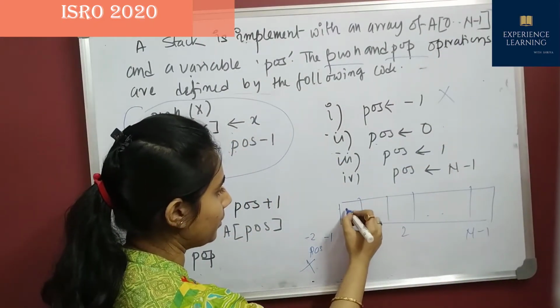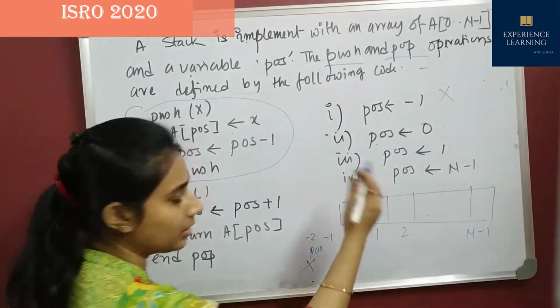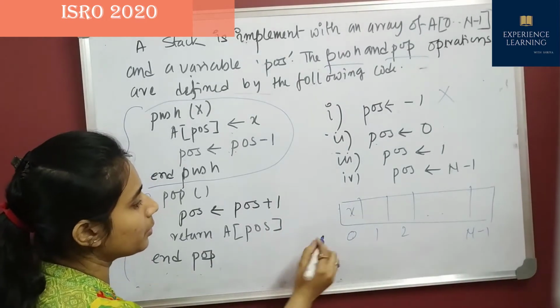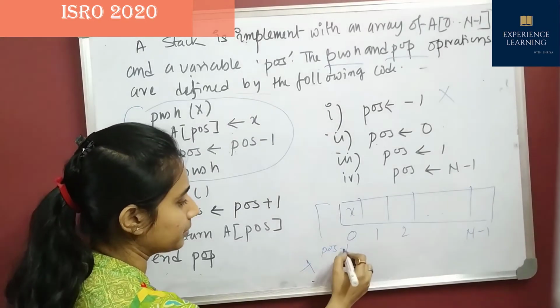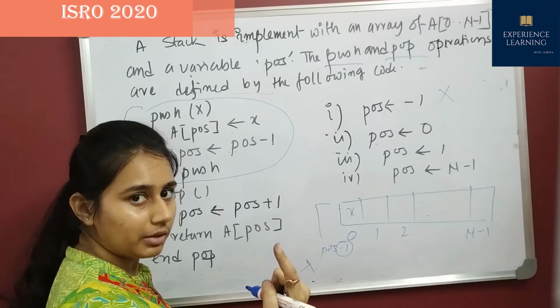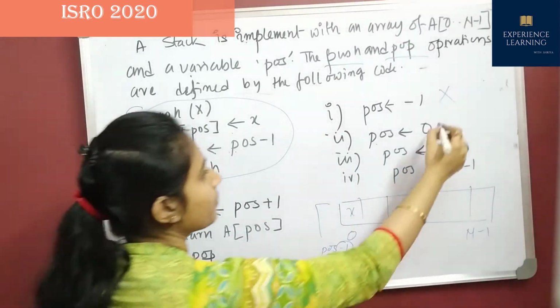Second, pos 0. If pos value is 0, first x will be inserted here, then it will be decremented. Next time the pos value will be pos minus 1, so we can insert only one element. This one is not possible.